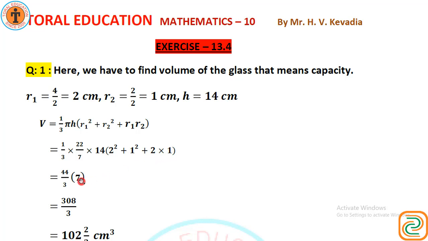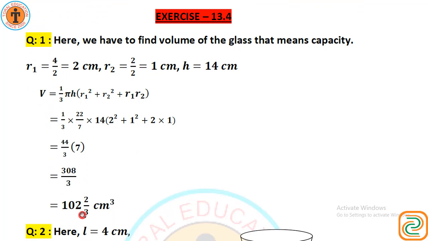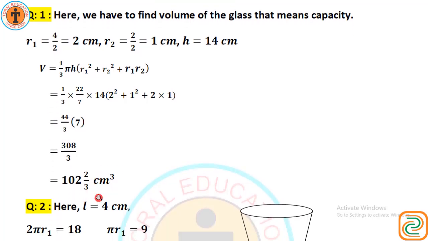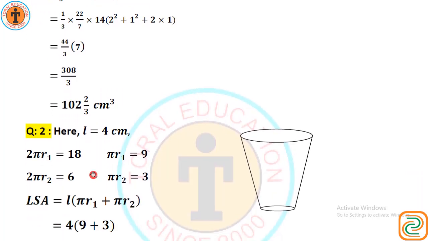Here is 7. 44 into 7 gives us 308, and 3 is in the denominator. If we divide it and convert into a mixed fraction, we get 102 and 2 by 3 centimeter cube. This is the capacity of the glass which is given here in question number 1.